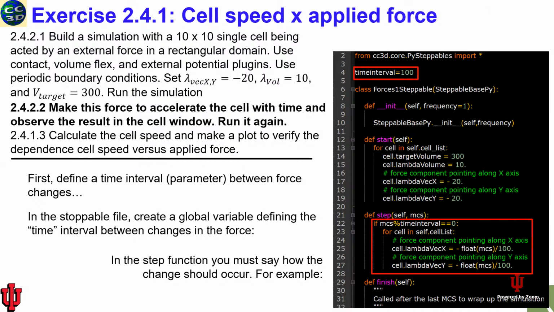Gilberto, while people are taking a minute to do that, we have a question in the chat. Karina says, I noticed that you can choose between the pixel-based and center of mass-based external potential plugin. Does it matter which one you choose, or can you adapt the parameters to get the same physical behavior independent of the chosen option? And then Ajay had a follow-up: if force can be pixel-based, can it be applied to cell membranes or perimeter pixels? Well, I have yet to try, but I think it can.